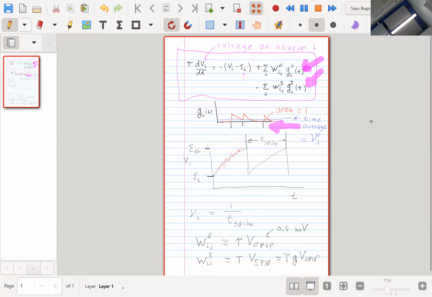That could make the neuron fire a little bit earlier or a little bit later. So the fluctuations are going to modify the spike times up or down, but they won't necessarily have a huge effect on the firing. Okay, so that's the plan.